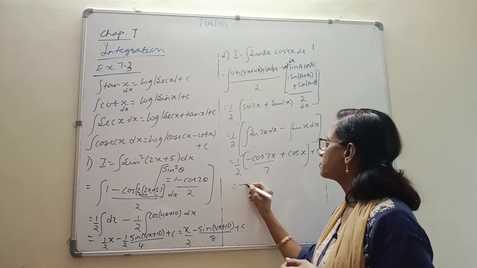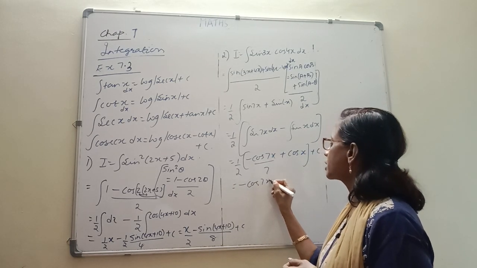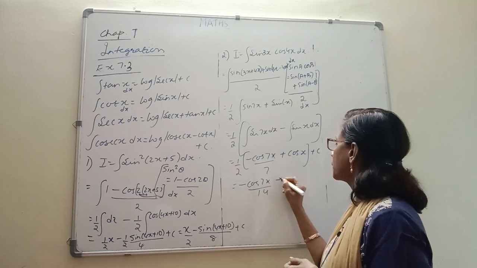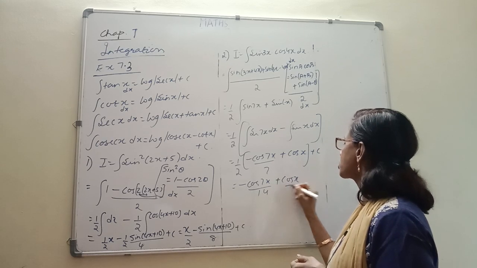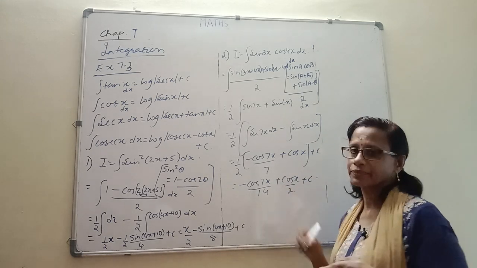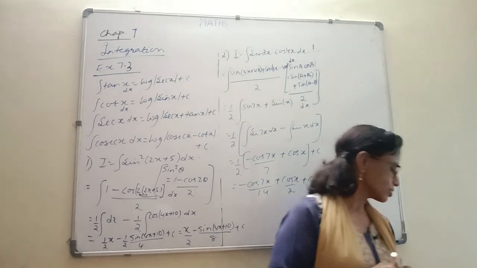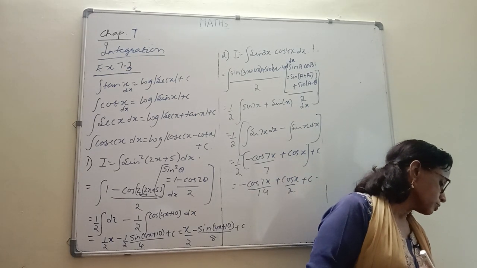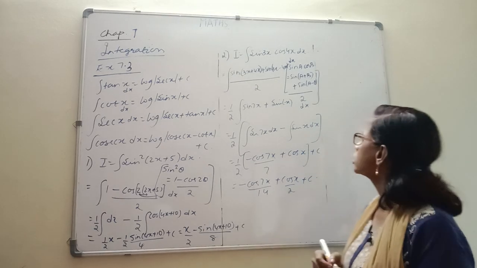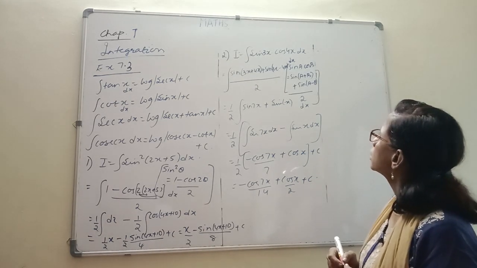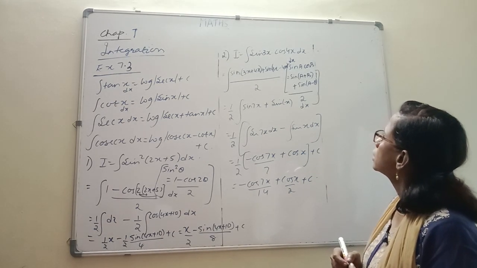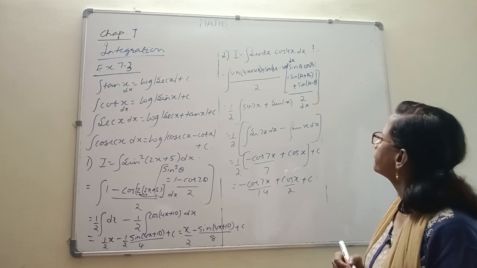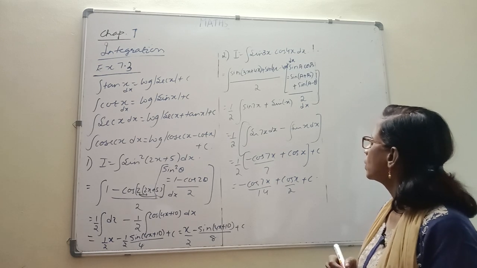If you want, when you expand it, it will be minus cos 7x over 14 plus cos x over 2 plus c. That's your integral.